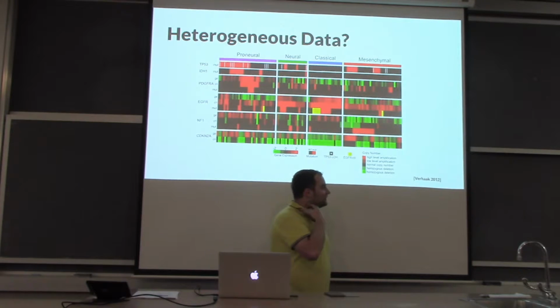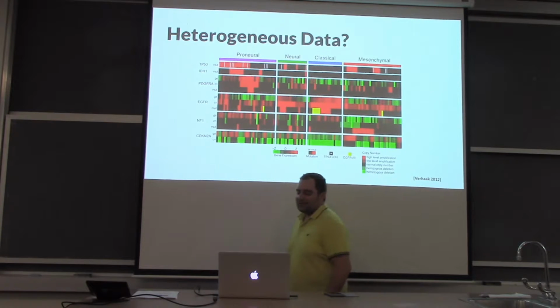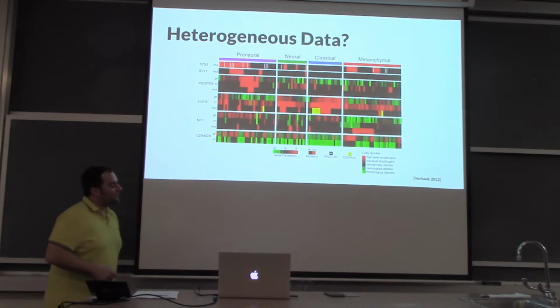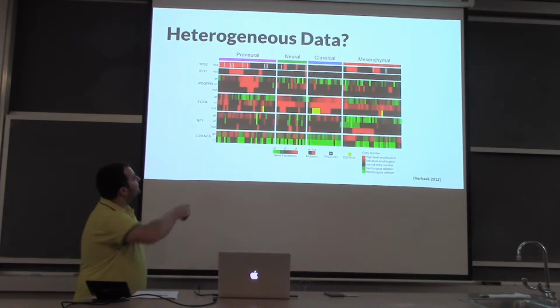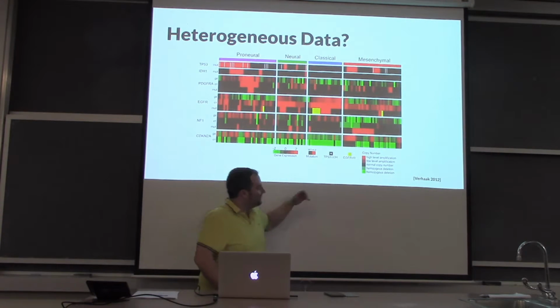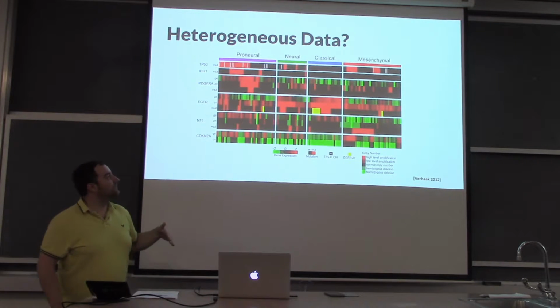You can also try to do these heat maps for very different data types. Here is a figure from a prominent genetics paper. Each of these rows uses the same color scale, or almost the same color scale, but they show different data.